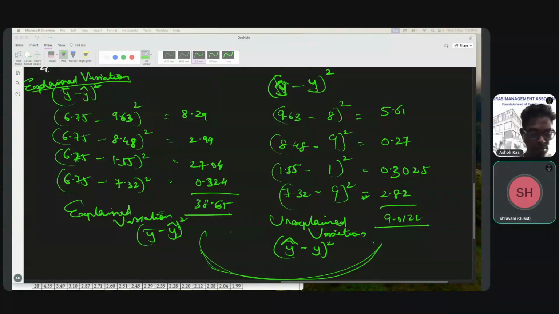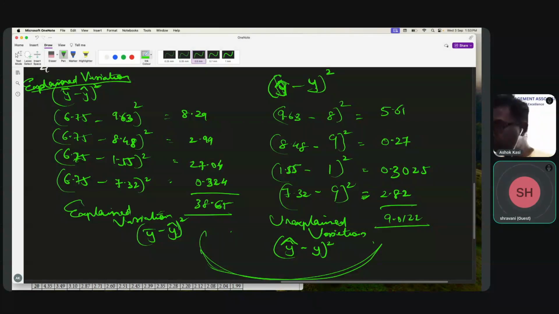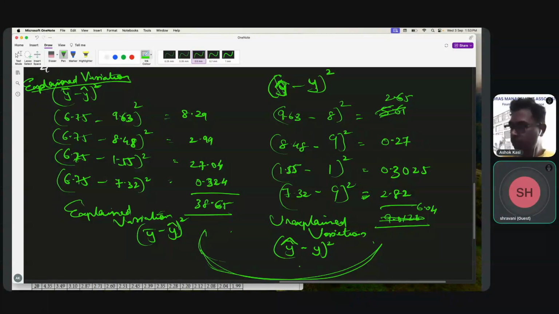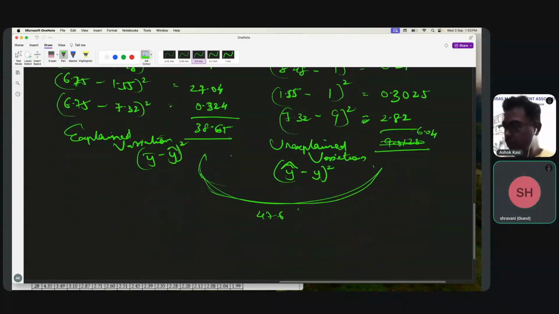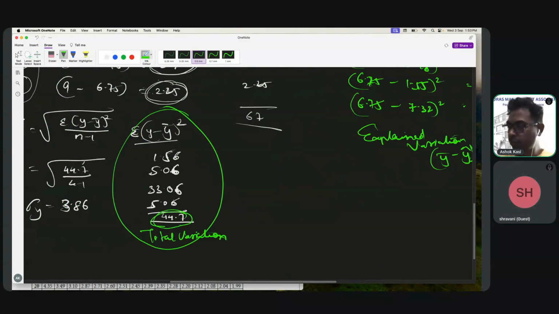So the first one, y hat minus y square, it's 2.65, the first one. This is wrong. Yeah. 2.65. Now that means what is the right number here? 6.04. Now it should match. Add up. Yeah, 44.6, 44.7. So that is fine.